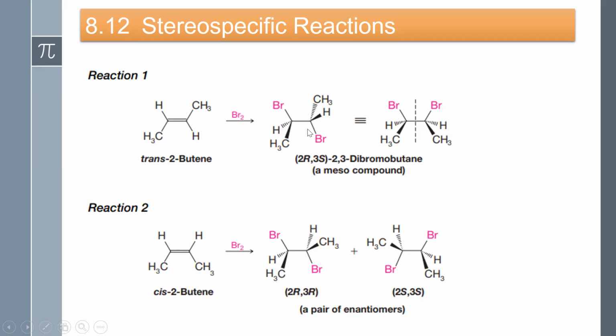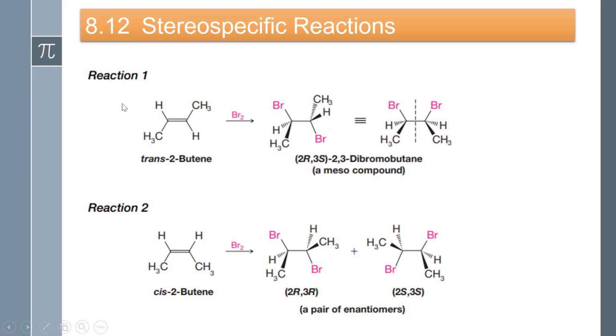You can rotate this around its axis, because carbon 2 and carbon 3, and you get a meso compound. There is a plane of symmetry, and with this kind of compound, you've learned in the previous organic course that a meso compound cannot rotate plane polarized light, even if this carbon is chiral, because you get a plane of symmetry.